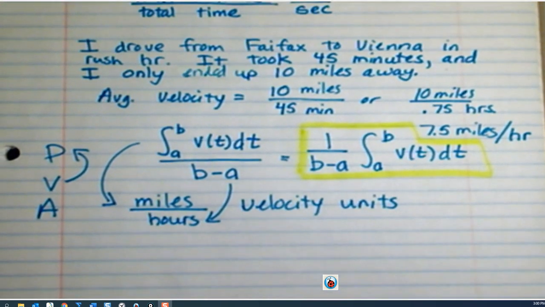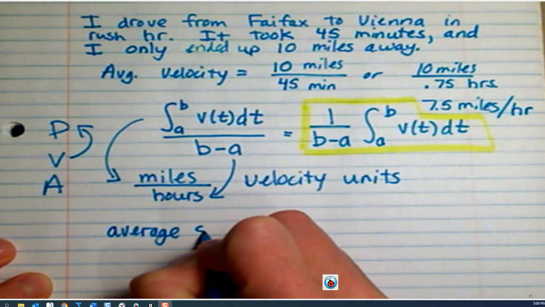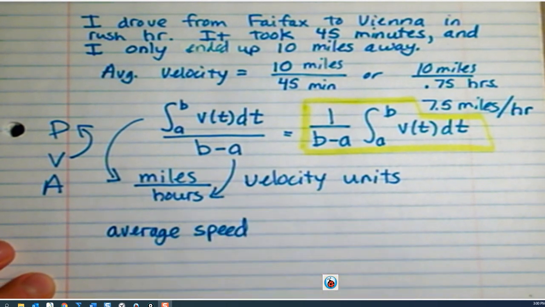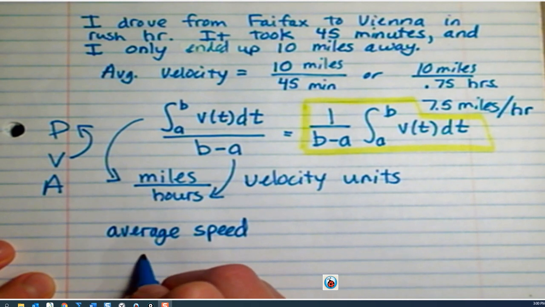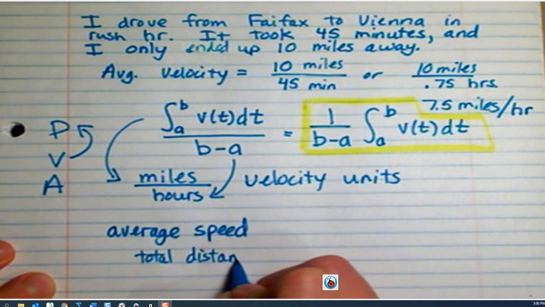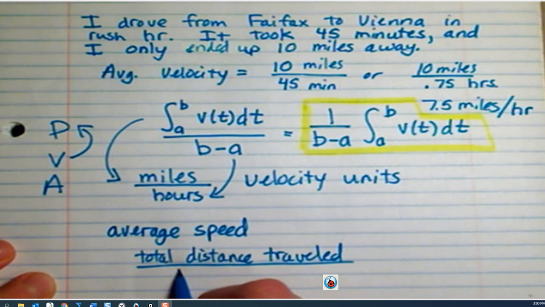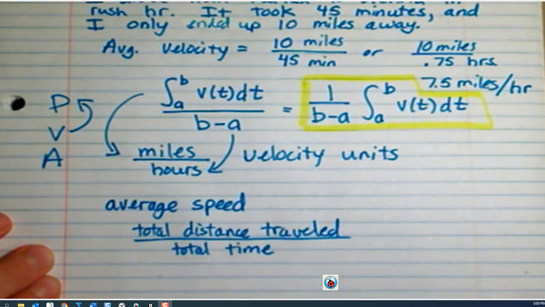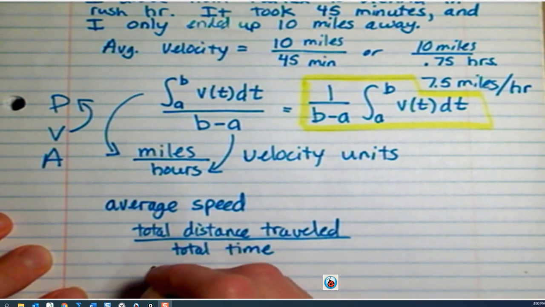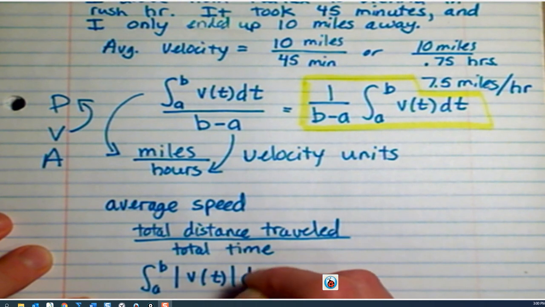Last formula, very similar. Average speed. Oh, okay. Average speed. Total distance traveled over total time. All right, so that would be from A to B, V of t dt, right?